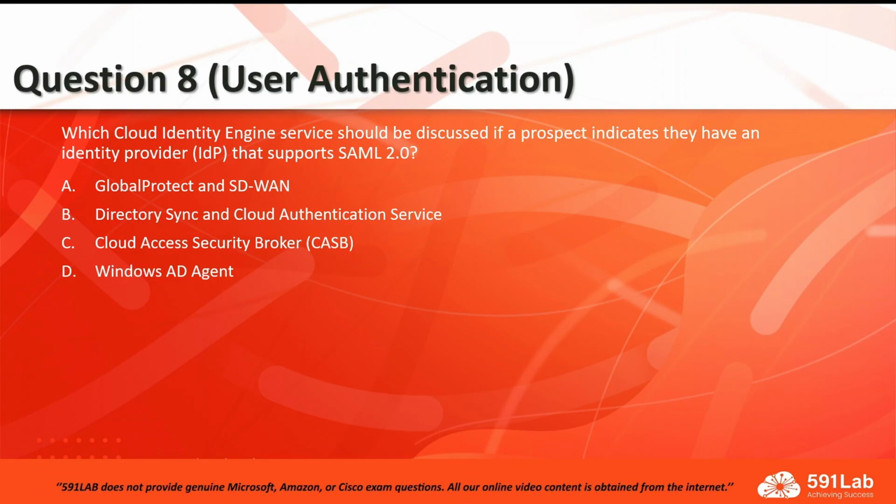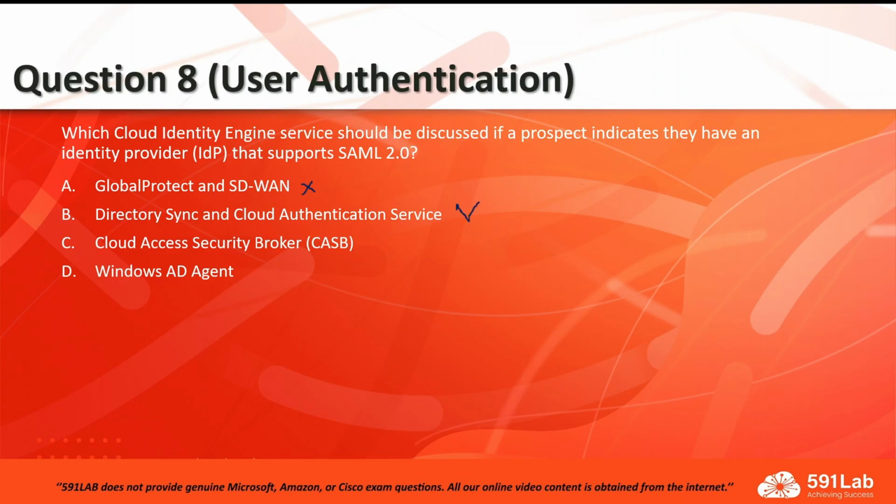From option A, do we need to discuss the Cloud Identity Engine if we use GlobalProtect and SD-WAN? The answer is no, because it is not the direct approach for the SD-WAN solution. And then we go to option B, Directory Sync and Cloud Authentication Service. The Cloud Identity Engine supports SAML 2.0 through Directory Sync and Cloud Authentication Service.